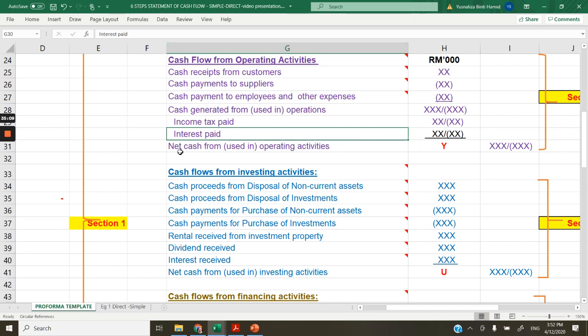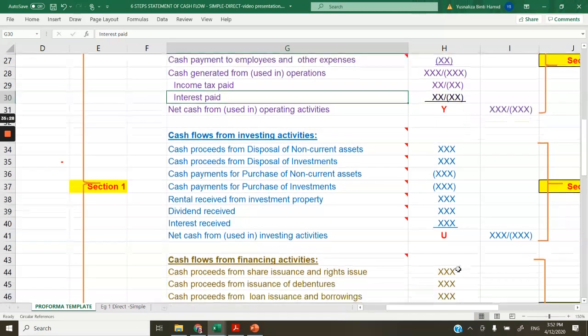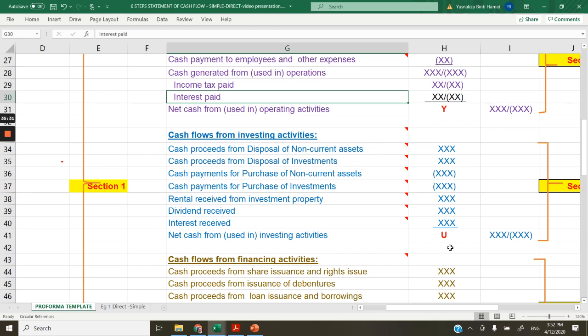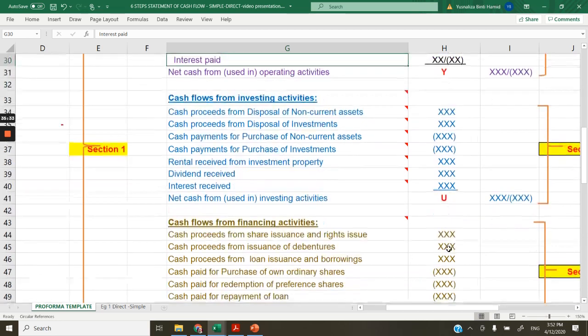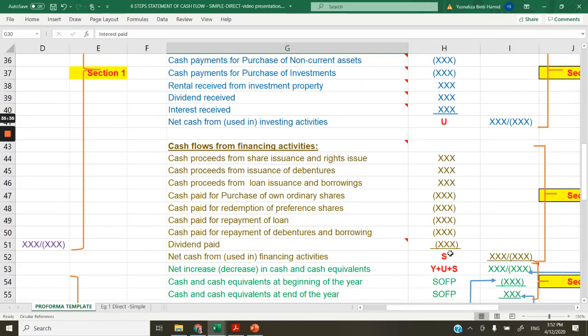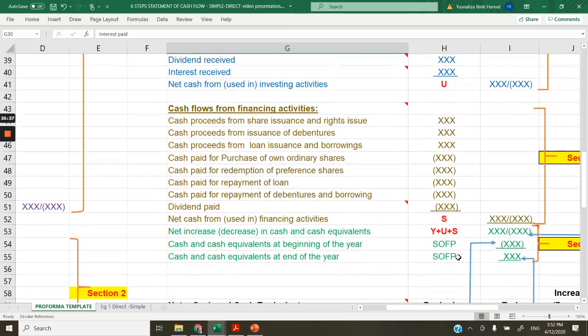After you have done that, you get your total that I call Y. The total Y is net cash from operating activities, if it's a positive figure. If it's a negative figure, it is the net cash used. So you have Y as your total from section 1, which is operating activities. You have U, which is your total from section 2, coming from investing activities. You have S, which is the total from financing activities.